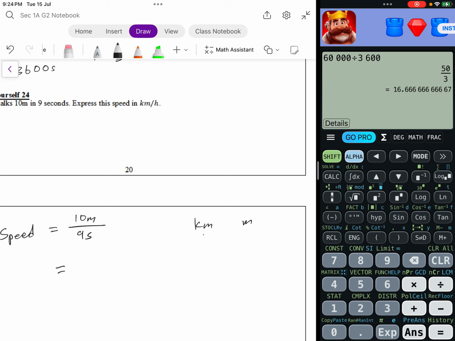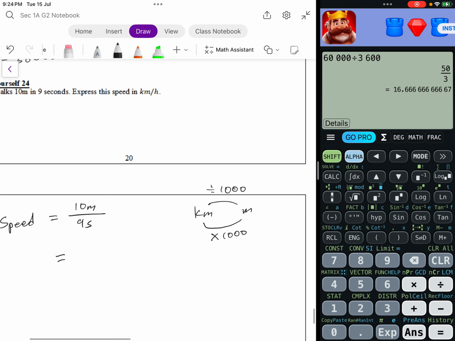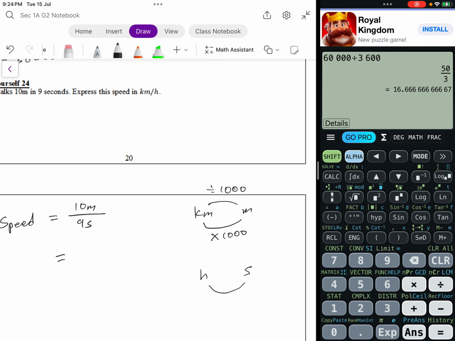To convert kilometers to meters, I times 1000. So the reverse will be divide by 1000. Same for hours to seconds. Hours to seconds times 3600.